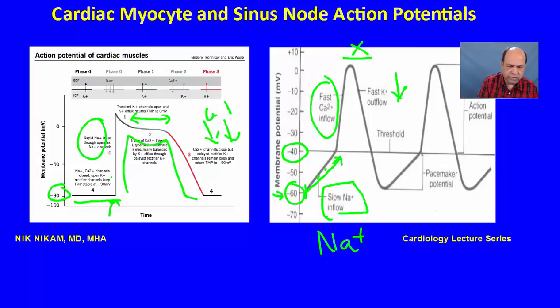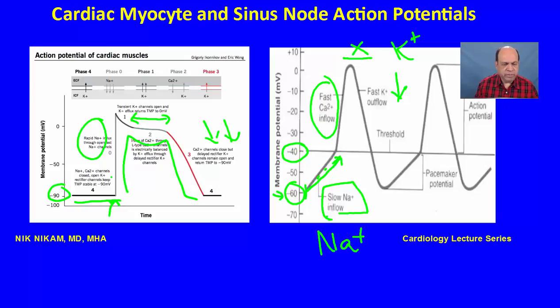We have calcium and potassium, and here is basically calcium. Here it is basically a potassium outflow from the sinus node cells, and this repeats itself.